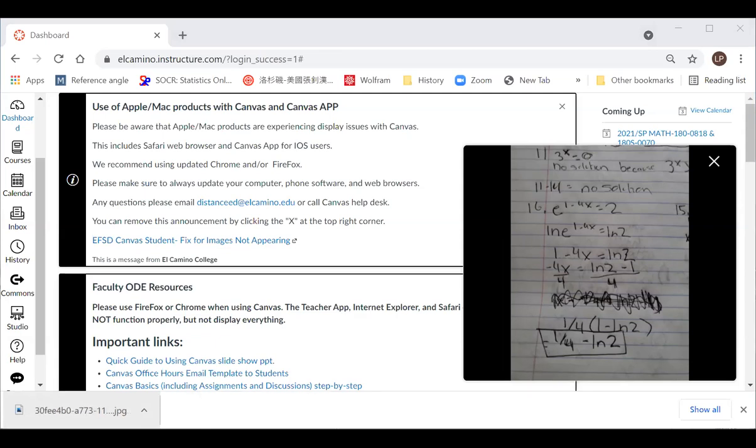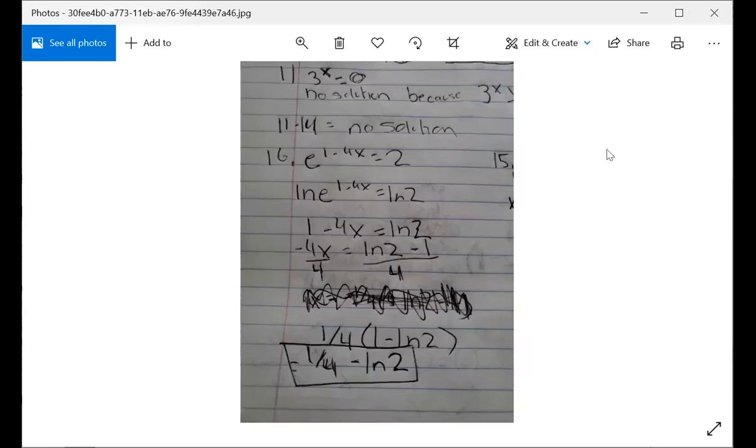Let's look at this picture. Okay, number 16. All right, so he copied the question correctly, and he took a natural log on both sides. You get 1 minus 4x equals ln 2.